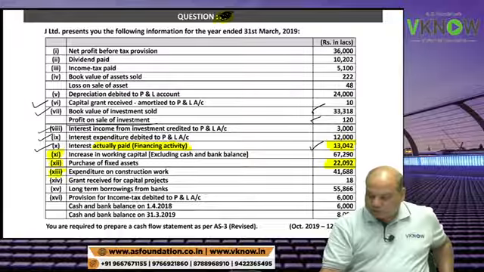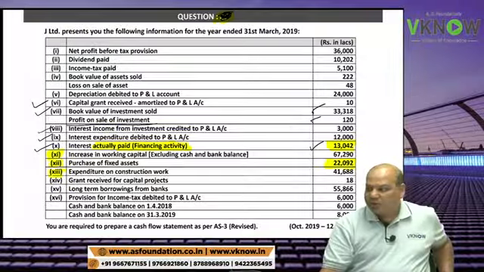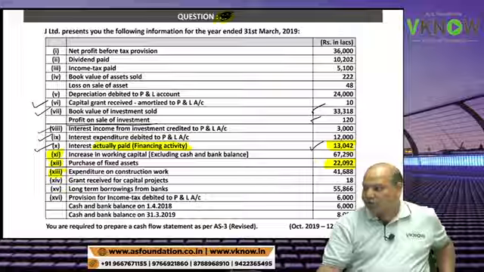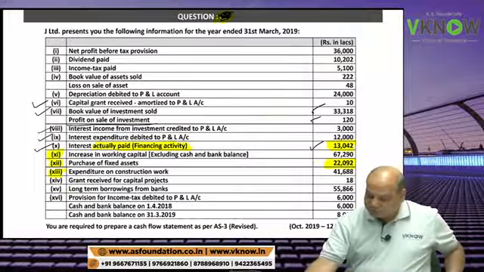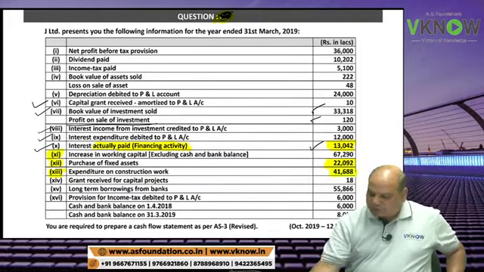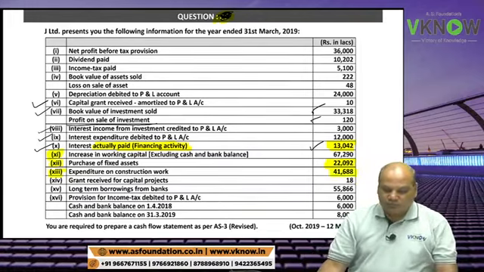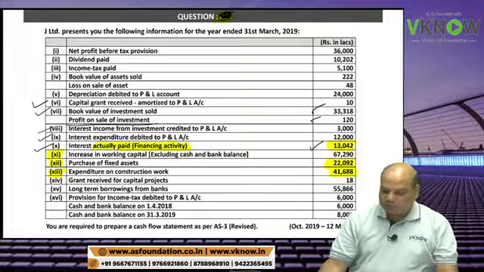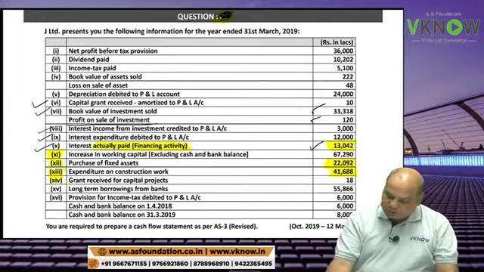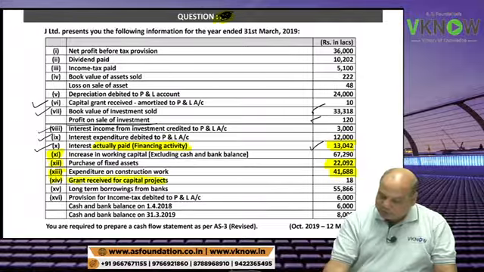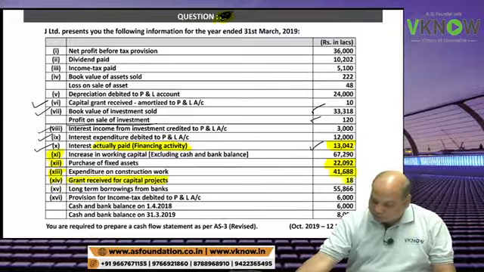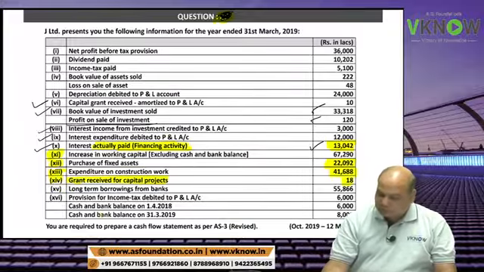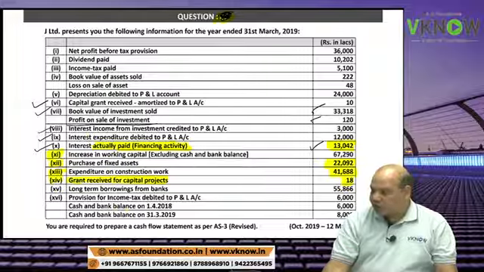Point number 13. Expenditure on construction work, 41,688. Point number 14. Grant received for capital project, actual grant received is 18.